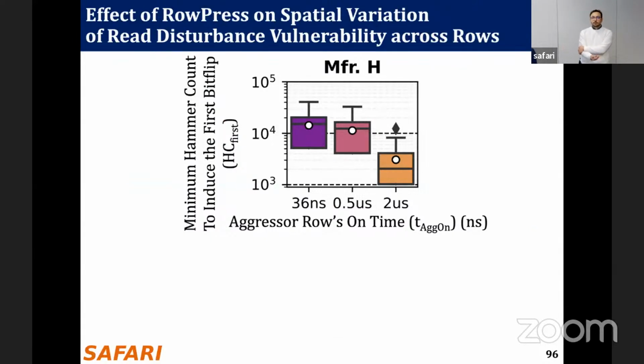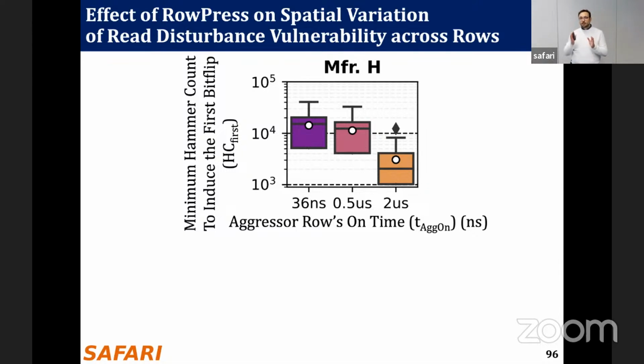And here is what we did for that purpose. We look at the effect of RowPress on spatial variation of read disturbance vulnerability across rows. Again, we test all rows with the same methodology, and we check this for 3 different time windows where we keep an aggressor row open whenever we activate it. On the x-axis, in the leftmost one, we keep the row open for only 36 nanoseconds.